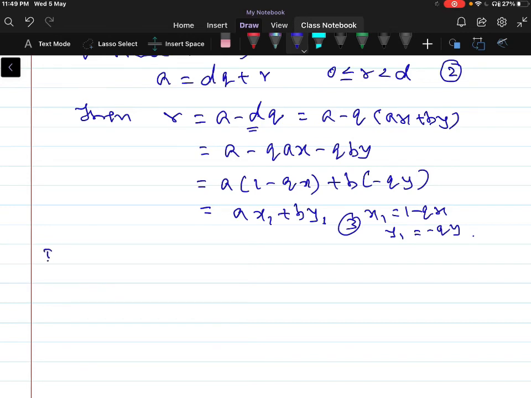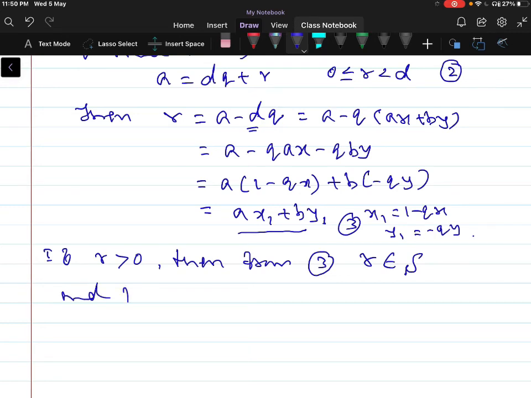If r is positive, then from 3, r is an element of S, because r can also be written as a linear combination of two integers a and b, and from equation 2, r is less than d.